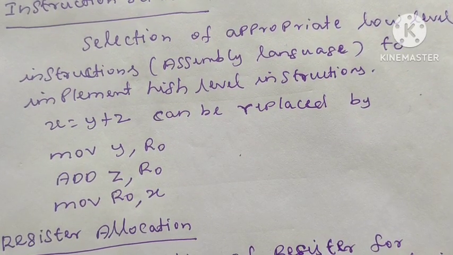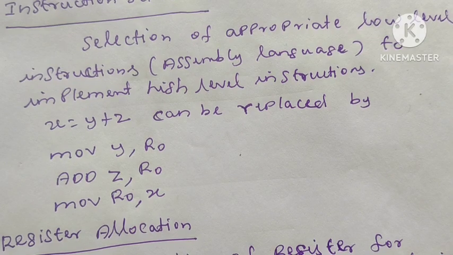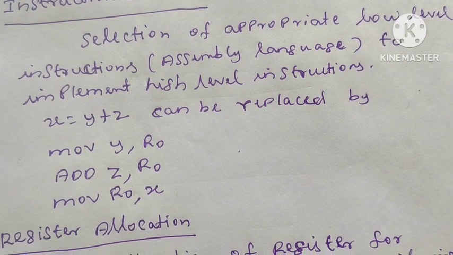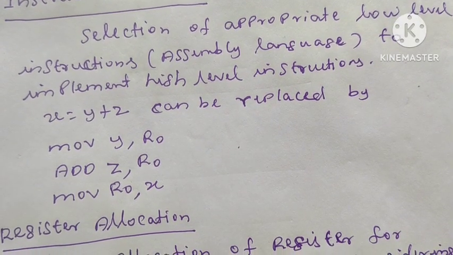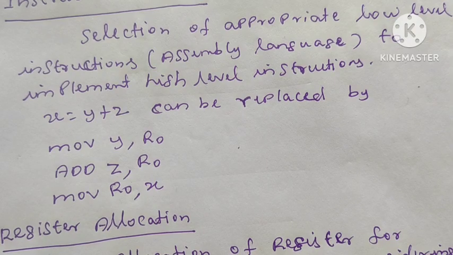First I push the value of y inside register R0: MOV y comma R0, which stores the value of y to R0. The next step is I add z with R0. Z is the second operand, so I add that to R0, and finally the result will be stored in R0.